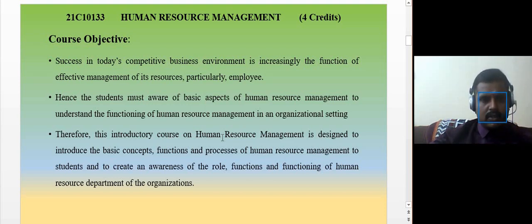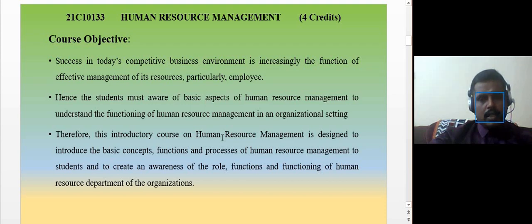The course objective of this course is: success in today's competitive business environment is increasingly a function of effective management of its resources, particularly the employees. Hence, the students must be aware of the basic aspects of human resource management to understand its functioning in an organizational setting.